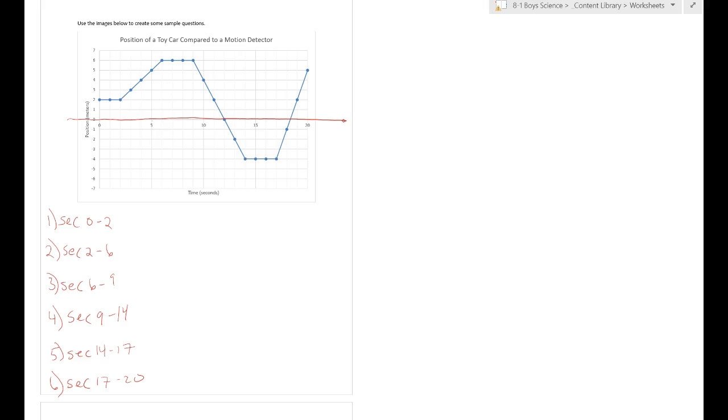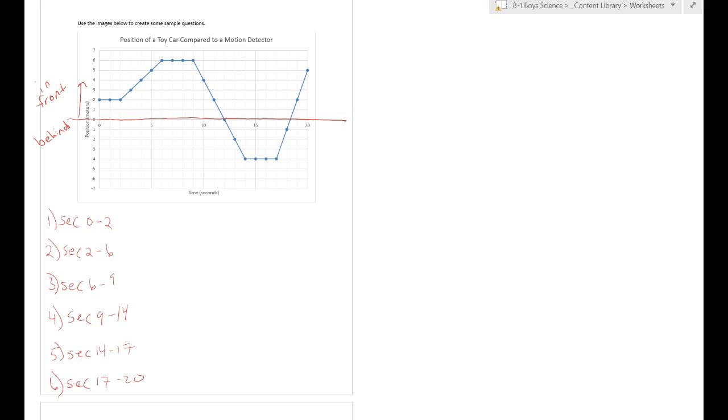Being a position graph, I know that anything in positive numbers is in front, and anything in negative numbers is behind the motion sensor. Right now, this is assuming that you've got a fancy two-way motion sensor. We did not have one of those in class.